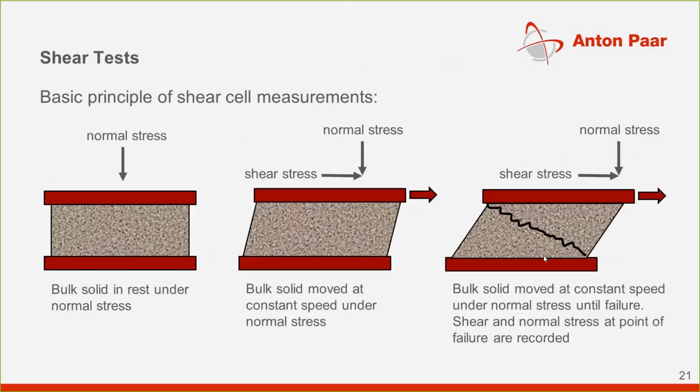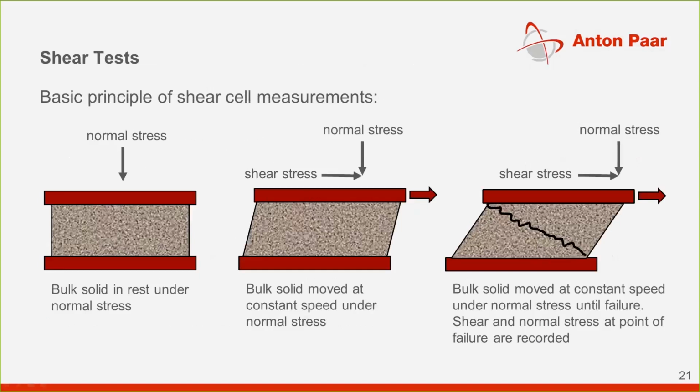So how does this work? The shear test works roughly like this: the sample is compacted with a certain normal stress. It is sheared, in the so-called pre-shear step, which prepares the sample and makes a homogeneous powder bed.